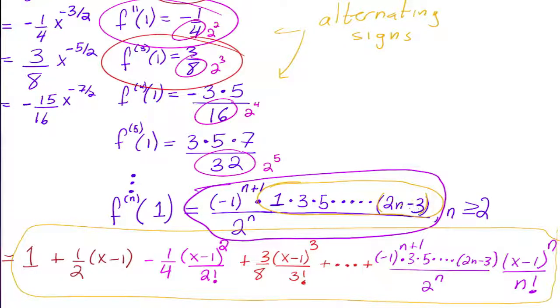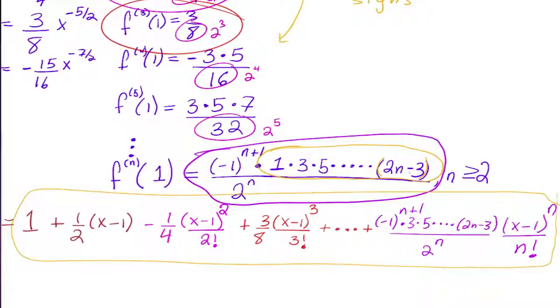So if, for example, let's just say hypothetically you wanted to find the 9th derivative at 1. This would be negative 1 to the 9 plus 1, which is 10. And then you would multiply times 1 times 3 times 5 times 7 times 9. So when do you stop?